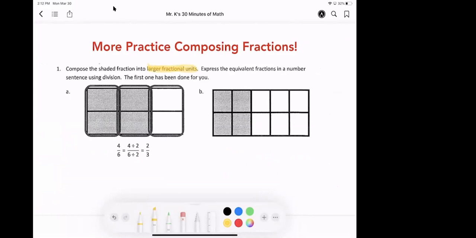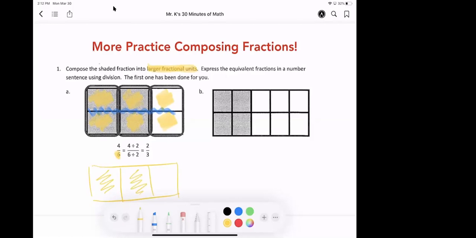right? So in this one, we started with 6ths, and here they are. It was 1, 2, 3, 4, 5, 6. But then we composed this by getting rid of the line which created the rows. And what we were left with is not 6 pieces, but rather 3 pieces, with 2 of them shaded.